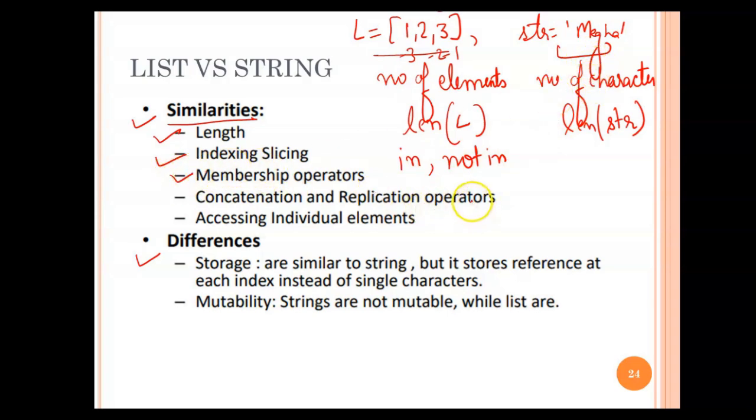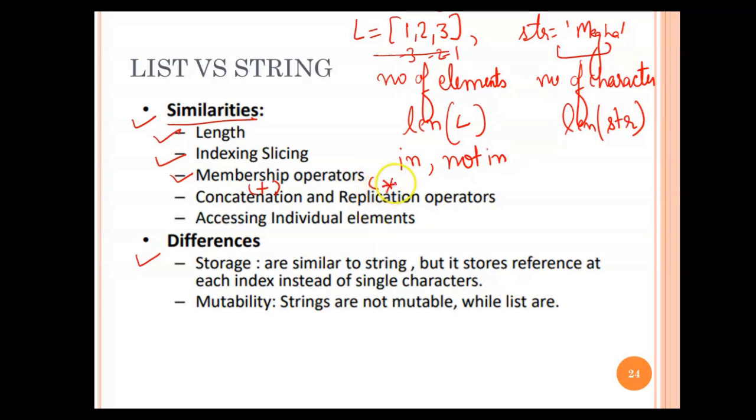Concatenation and replication operators. Concatenation, you know very well, is the plus operator, and replication is the asterisk sign. We covered concatenation and replication properly in the Python revision 201 chapter. I explained it properly, so if you are not so clear with replication and concatenation, you can go through the video. I'll share the link in the description box.